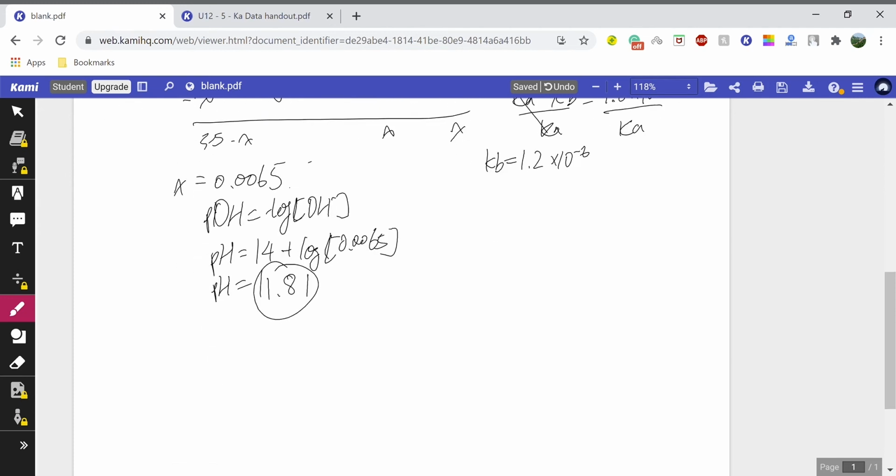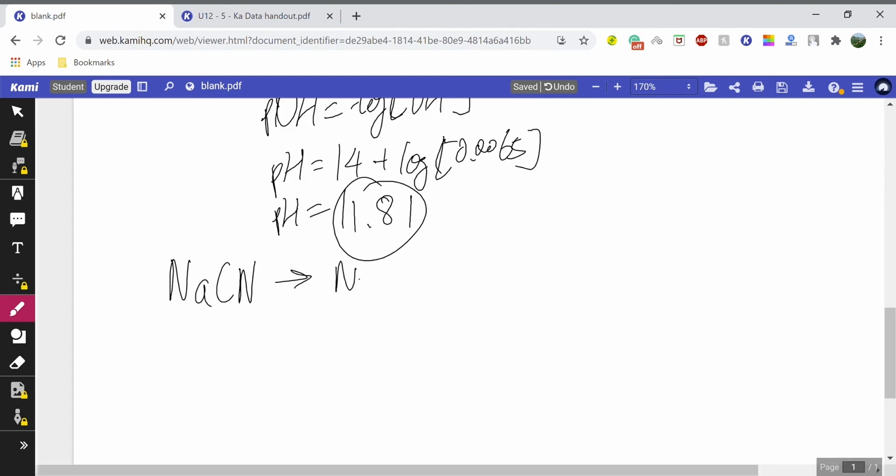Some anions can make solutions basic. For example, NaCN. When NaCN is added to water, first NaCN will turn into Na plus and CN minus. Na plus can combine with OH minus to form NaOH, and NaOH is a strong base, so Na plus is going to be a weak conjugate acid, which means we don't include this.